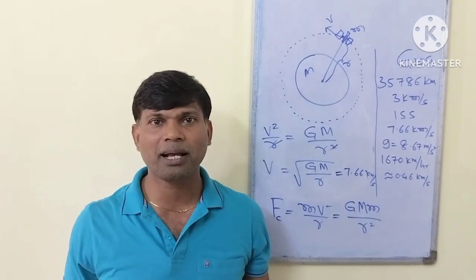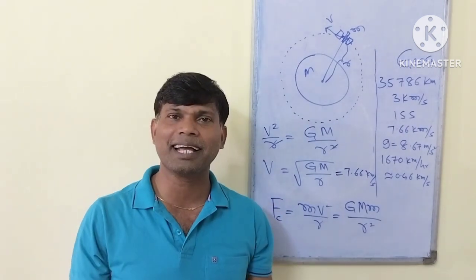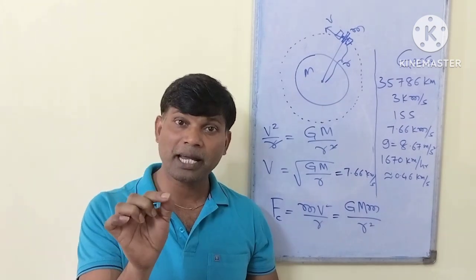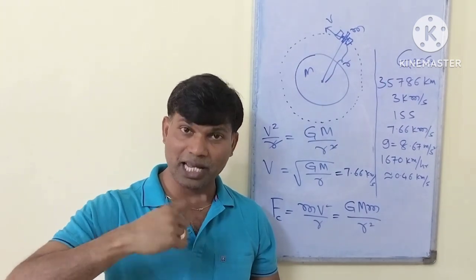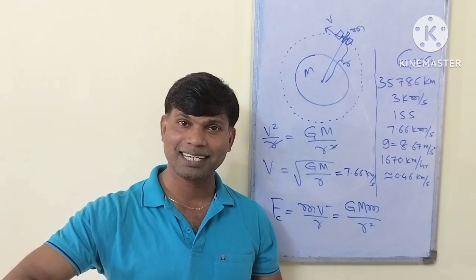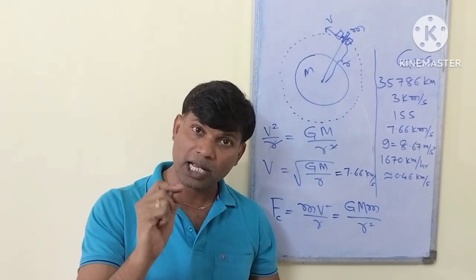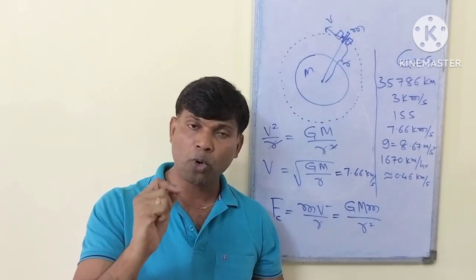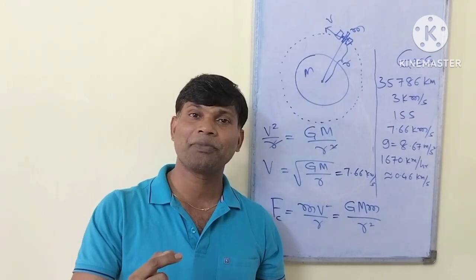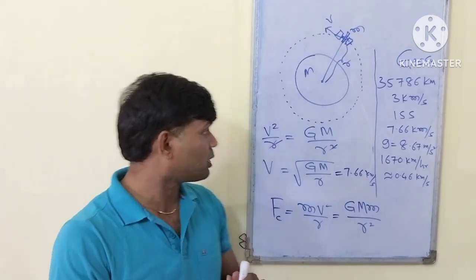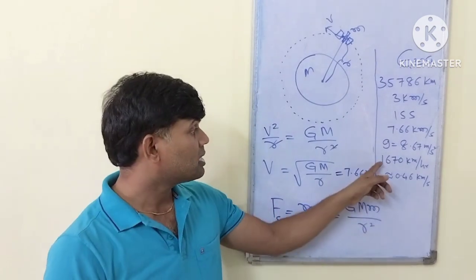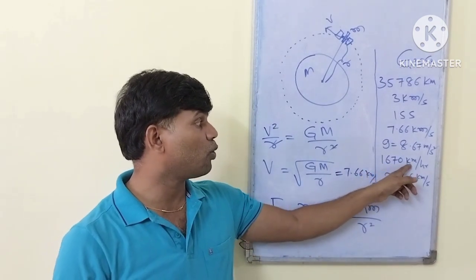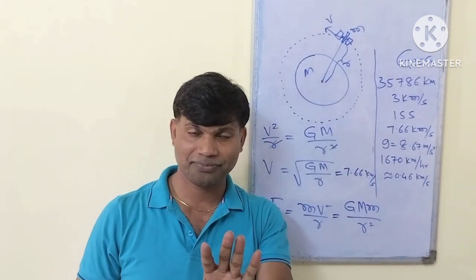Even though you are sleeping or sitting, you are doing anything, because you are on the surface of the Earth near the equator, any point on the equator moves continuously with respect to the center of the Earth with the speed 1670 km per hour.